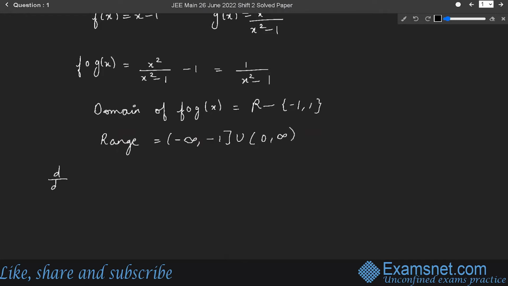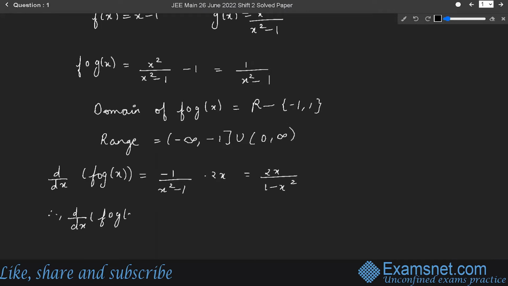Now d/dx of f(g(x)) will be equal to −1/(x² − 1)² into 2x. So this will be equal to 2x/(1 − x²)². Therefore, we can say that d/dx of f(g(x)) will be greater than 0 for 2x/((1 − x)(1 + x)) > 0.